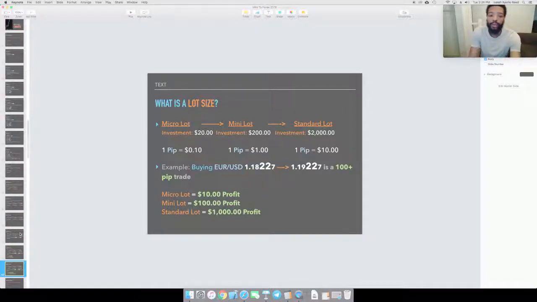This is how much money you'll be making from that single trade if you were to do a mini lot size trade, or a standard lot size trade, or a micro lot size trade, and collect 100 pips. And that's how we make money from pips. We just choose the value of the pip.